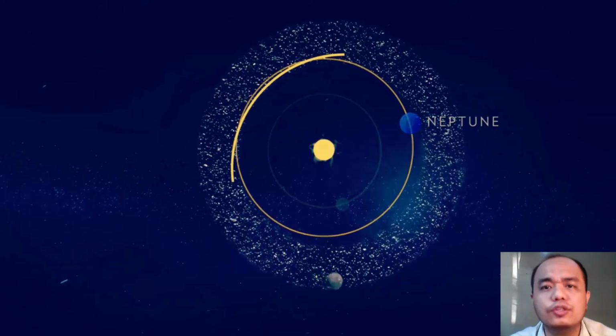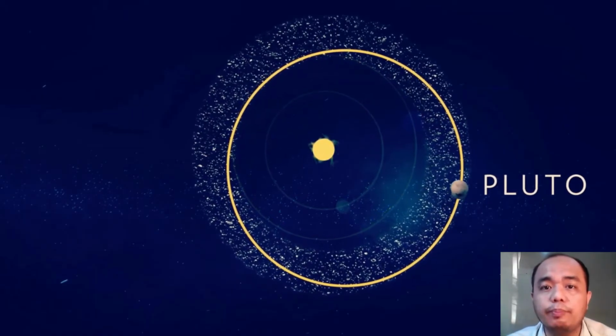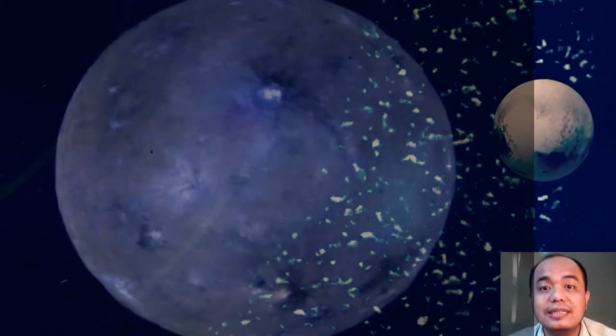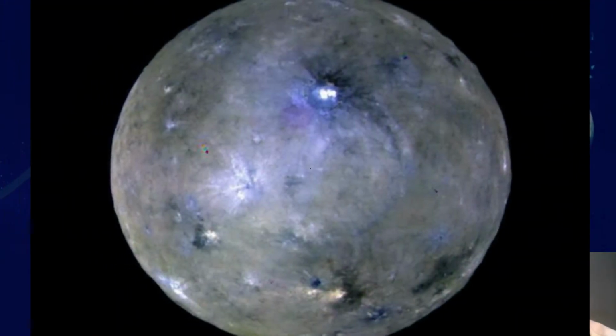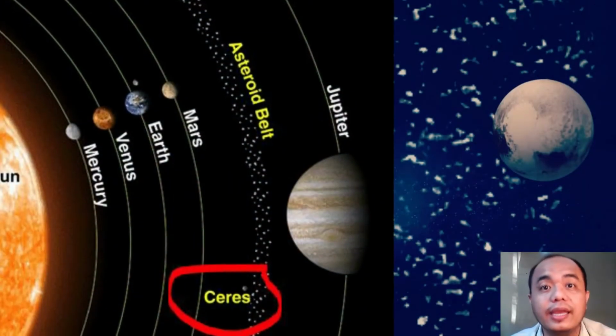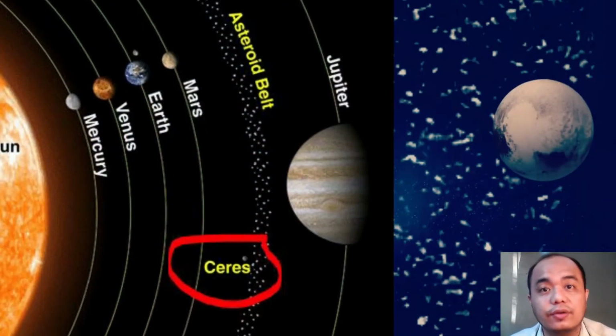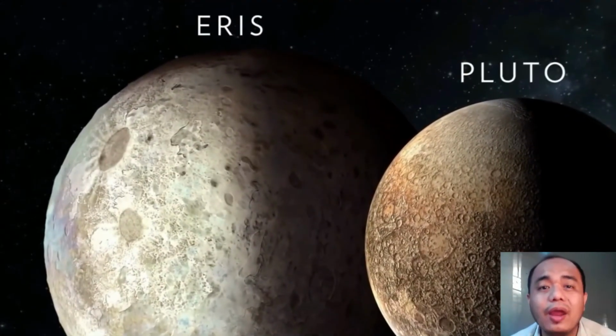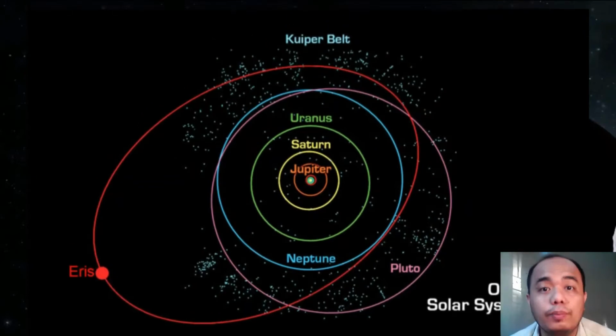Nagdaan ng panahon, astronomers discovered that Pluto was not alone in its orbit, just like Ceres. As we all know, Ceres is also a dwarf planet that could be found in the asteroid belt. May na-discover pa ang mga astronomers na pareho ang characteristics ng Pluto.